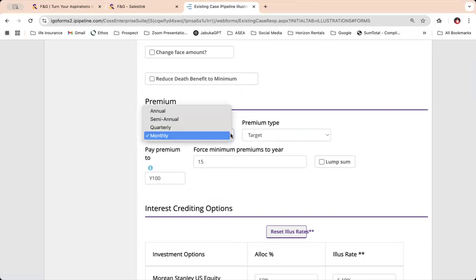We have 4 different ones. What does that mean? The options the client has to pay. It can be annual, semi, quarterly, or monthly. So if the customer wants monthly, we're going to click on the monthly payment. Wonderful. Thank you.